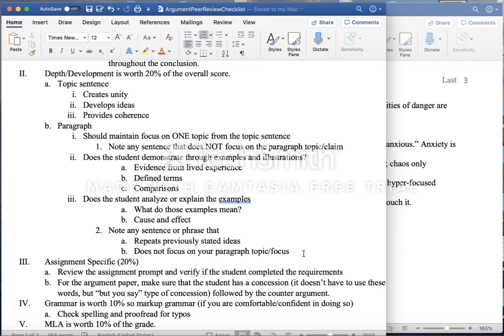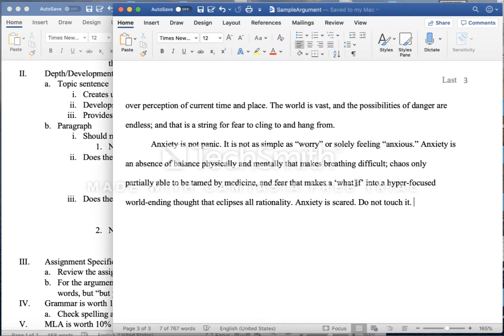Any sentence or idea that changes focus, you would tell the student writer that's off topic. This may not be the best place for it. All right, so let's look at the sample and see what we see as far as development goes.